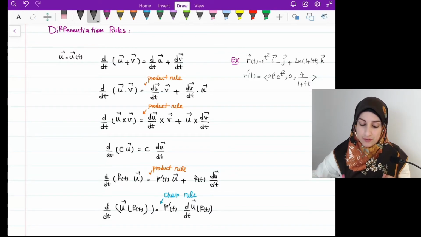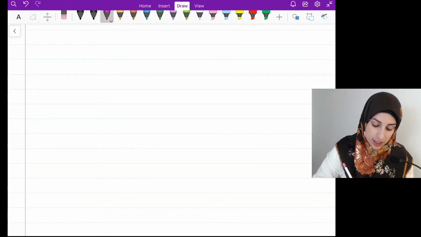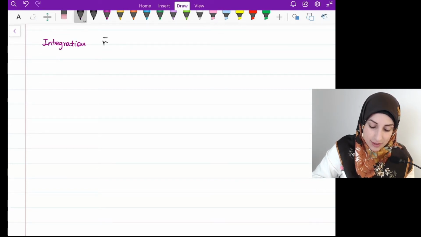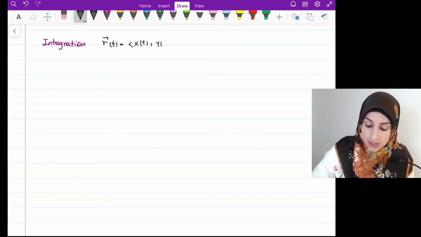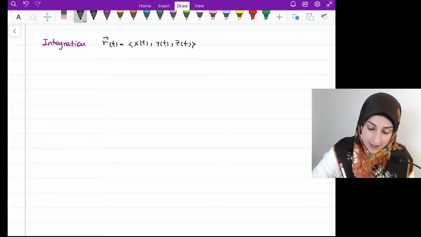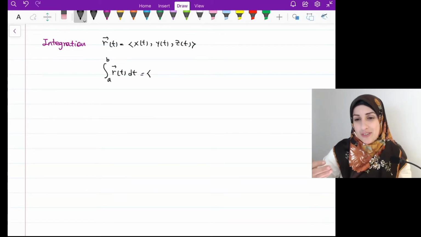derivatives and derivative rules. Okay, let's talk about integration. If I have a vector function with three components, x of t, y of t and z of t, then the integral of the vector function from a to b, you can guess, right, would be the integral of each of the components.